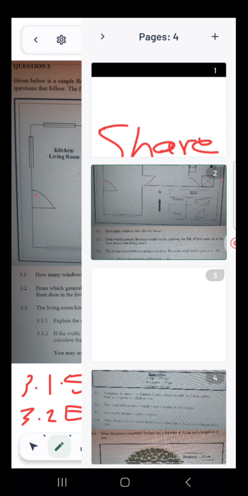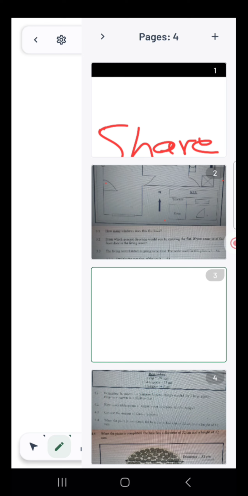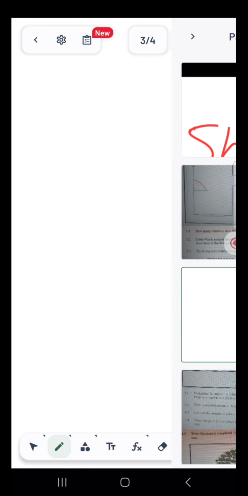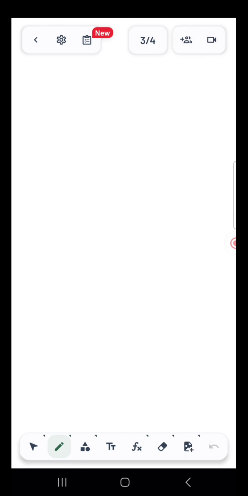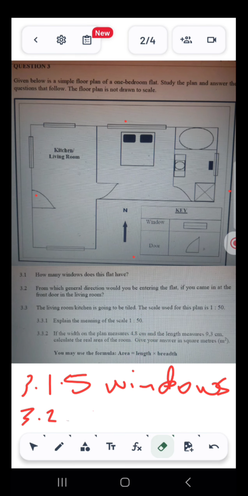We go to the next question, and then we answer the next question. It asks for the general direction, and then it's obviously your north, south, west, and east.